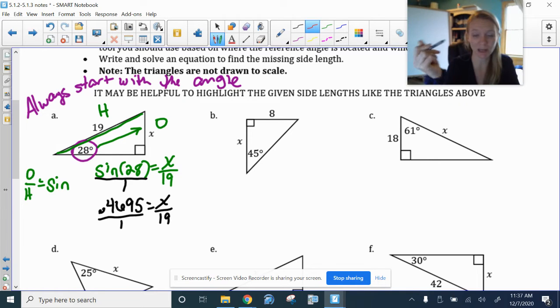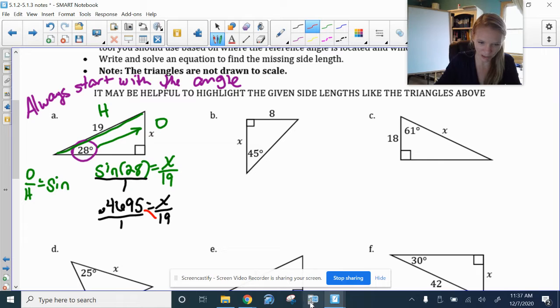Now you can just type in your calculator sine of 28 times 19. Your calculator is smart and it can calculate those decimals without having to get the decimal first. It can do multiple operations at the same time. If I do this, I'm just going to multiply 19 times this decimal.